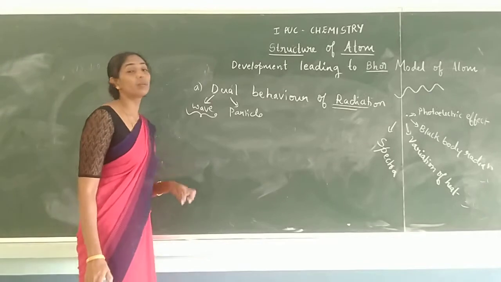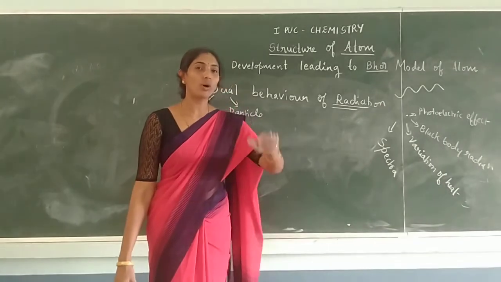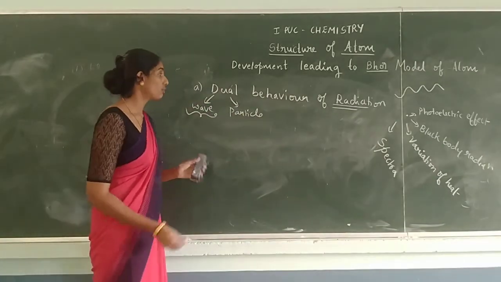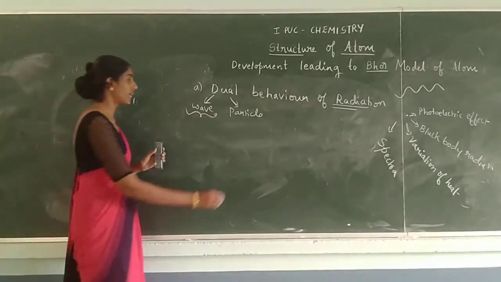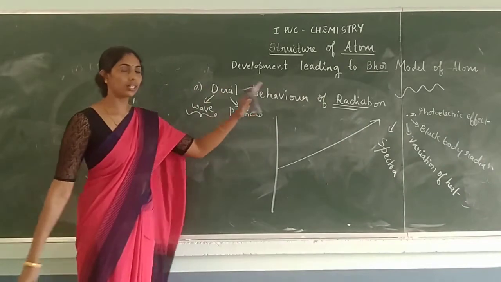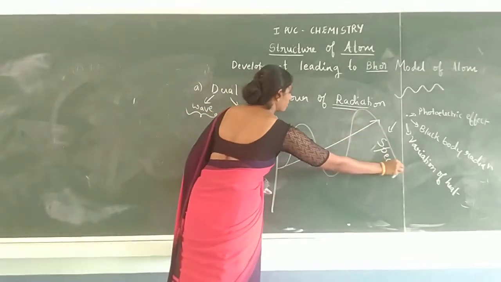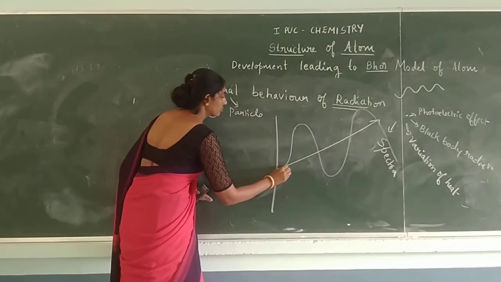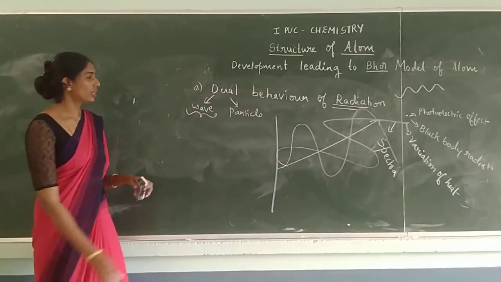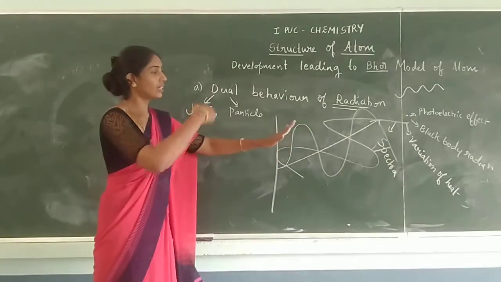So how are waves produced? You may have seen waves in nature. When a stone is thrown into water, it produces waves. Similarly, if you consider light, and this is the direction of propagation, you can observe that light has the wave nature.